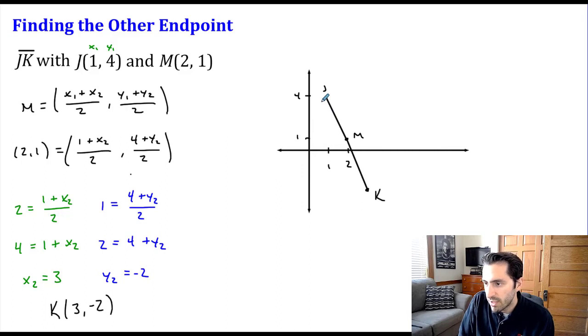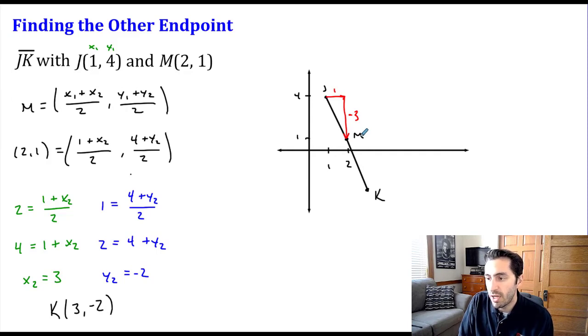So how far in the x direction do I need to travel? To go from J to M straight across, I'm going from an x value of 1 to an x value of 2, that's just a difference of 1. And then the travel in the y direction: I'm going from 4 down to 1, so that's a distance of -3.